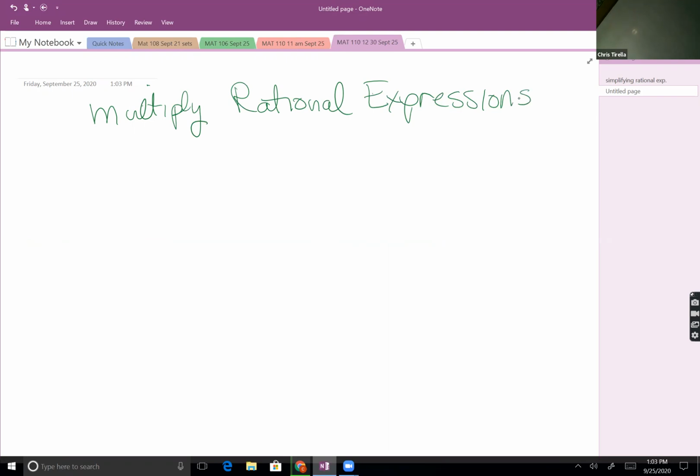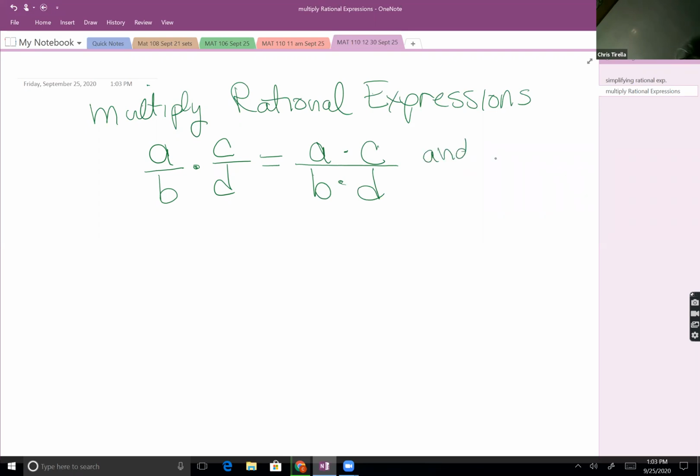What I want to ask you to remember is way back when, a million years ago, when you were first learning operations on fractions, if I have A over B times C over D, when I multiply fractions, I take the product of the numerators over the product of the denominators. And then I simplify. Multiply straight across.